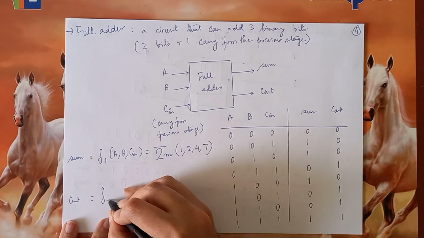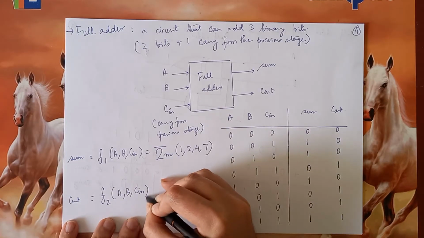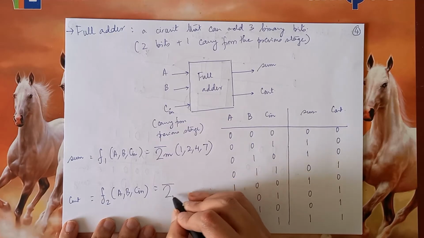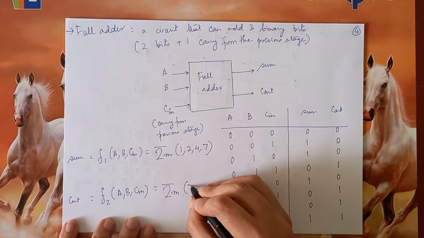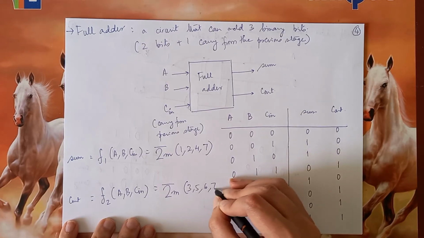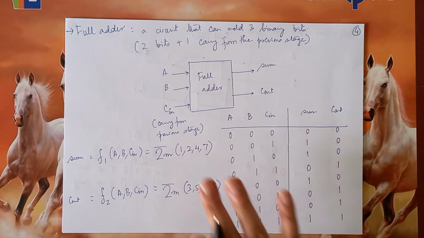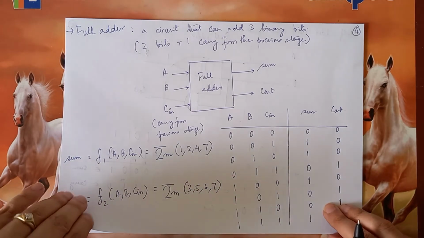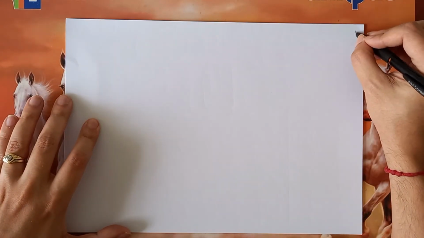C out will be some other function F2 of A, B and C in, which will have the minterms 3, 5, 6 and 7. Is that fine? So therefore, let us try to solve these K-maps and try to obtain the minimized expressions for sum and C out.